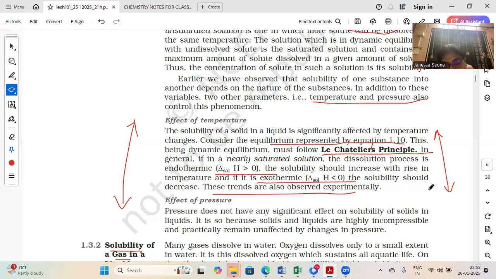These parameters will have an effect on the equilibrium, and the system under stable condition will tend to adjust itself by counteracting, so as to nullify the effect of the change induced by parameters such as temperature, pressure, and concentration.